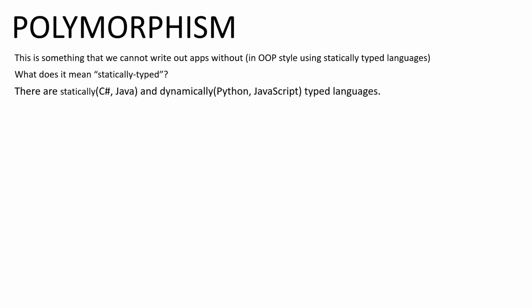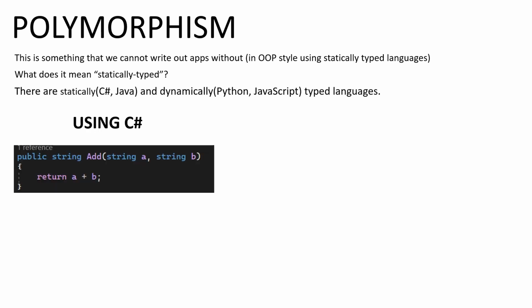Let's check out some examples. For example, here we have a simple method called add, and what it does is add two strings together. So it basically concatenates them. And here we're using the C# language, and C# is a statically typed language.